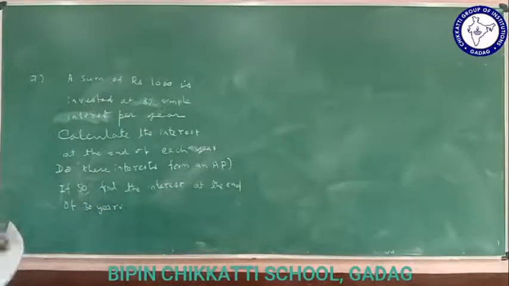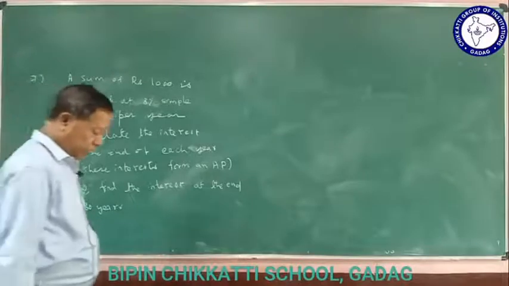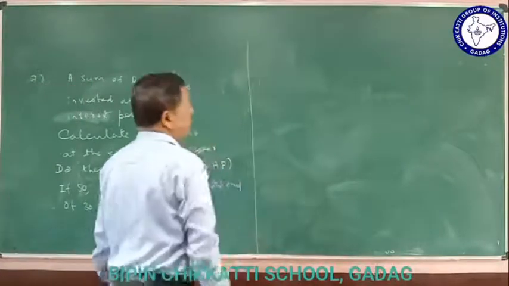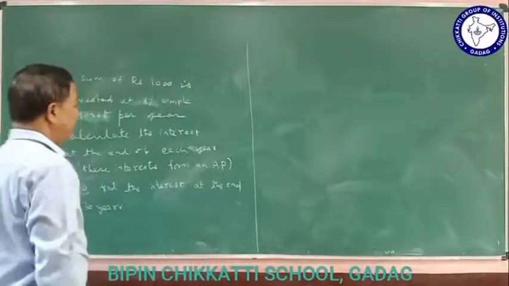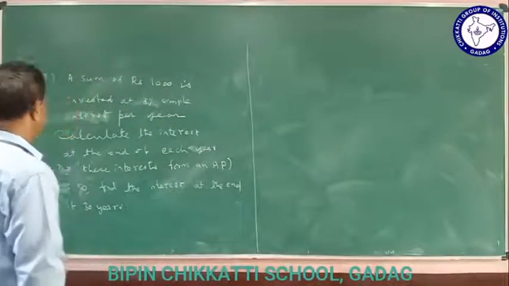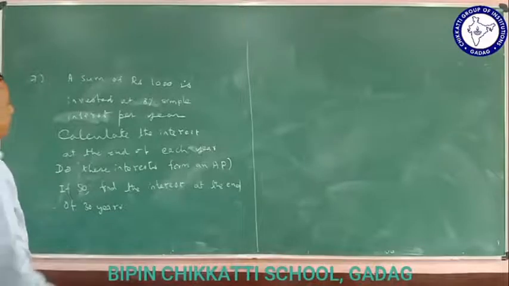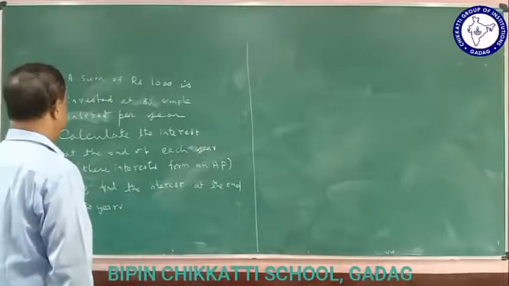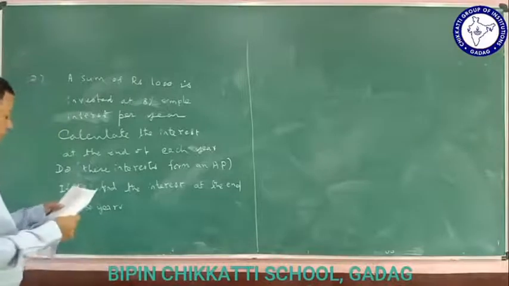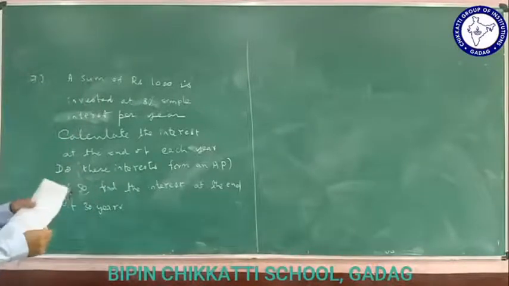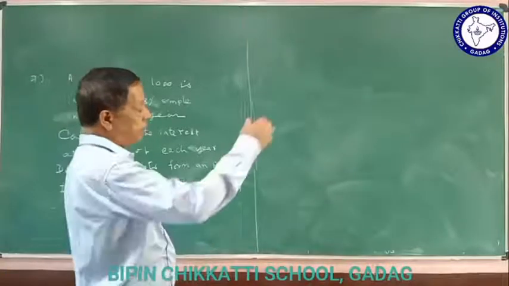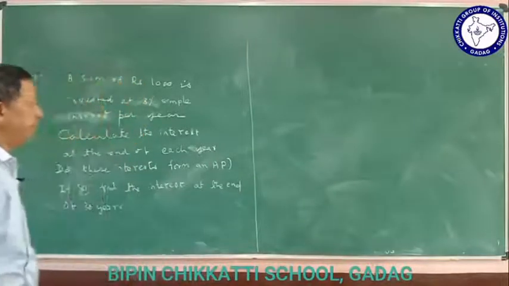So now here, first you see the interest we get in this case, whether they form an AP or not. Calculate the interest at the end of each year. So we have to go for the interest at the end of the first year, second year, third year, and you see the last result whether they are in AP or not.